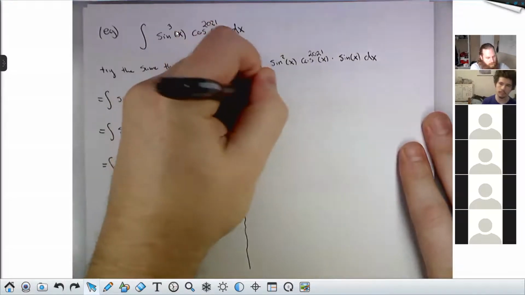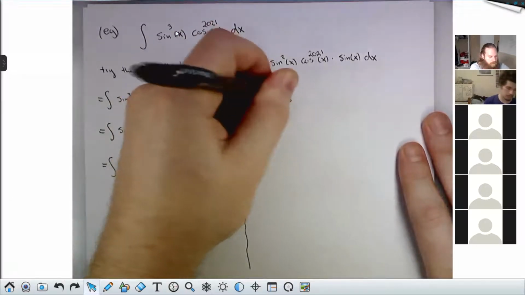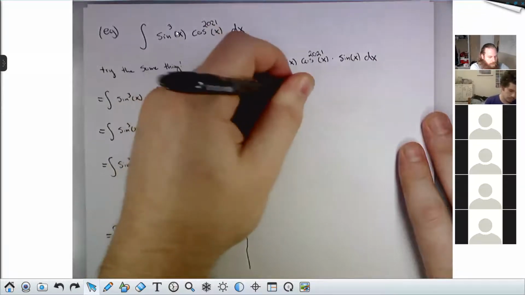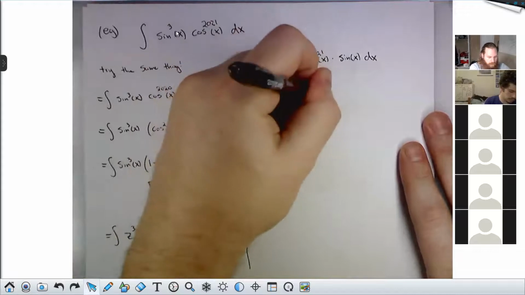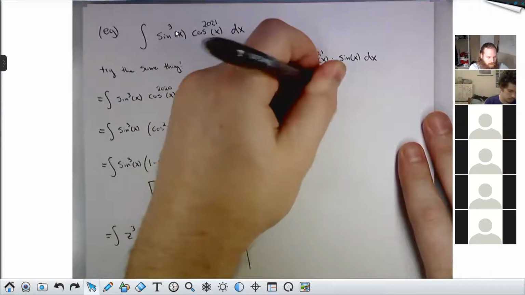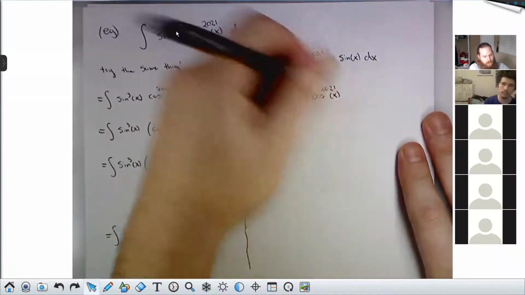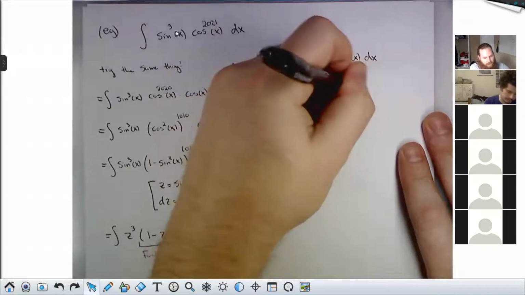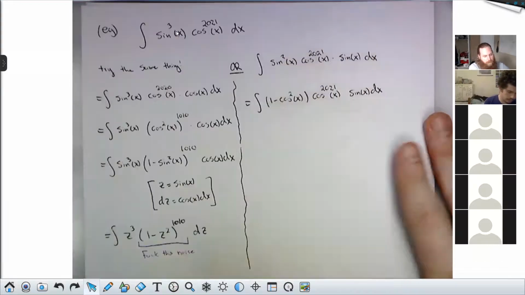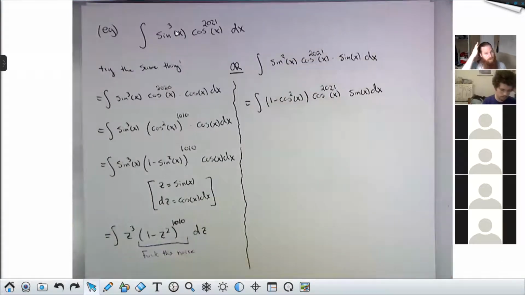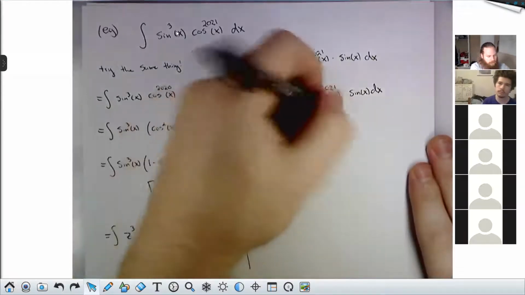So sine squared, that's 1 minus cosine squared x. That's that first Pythagorean identity again. Cos to the 2021 x, I just leave that. And my differential at the end here, sine x dx, I'm going to group those together because I'm going to substitute for cosine. So instead of substituting for sine, I substitute for cosine, that's all.